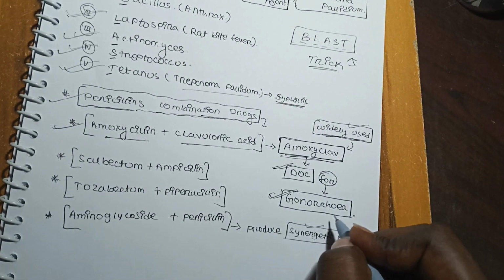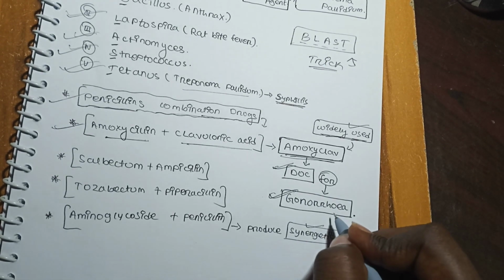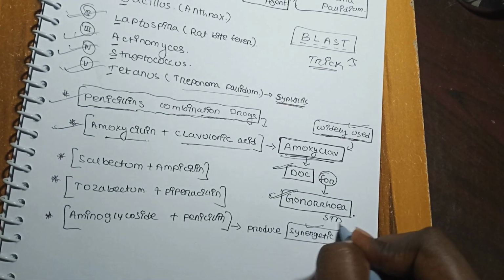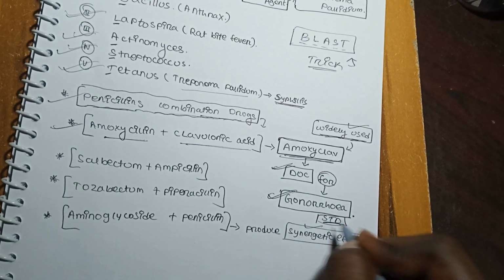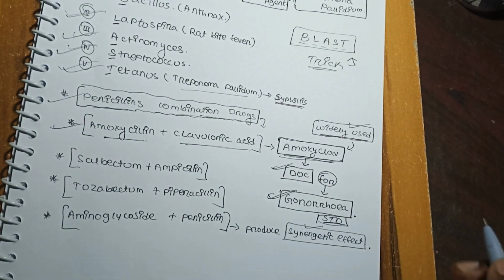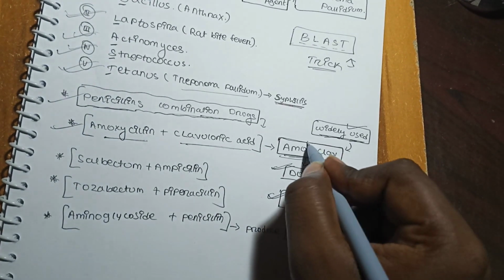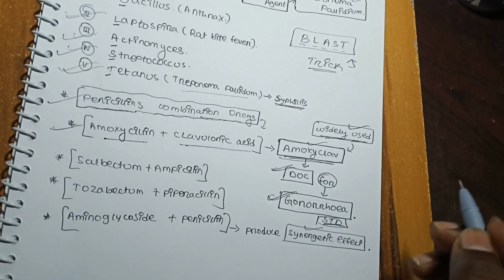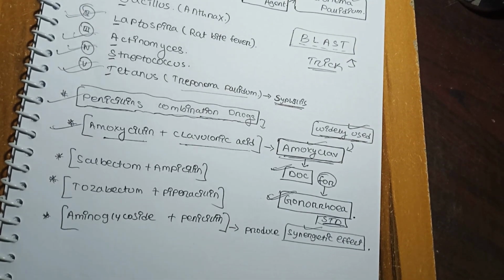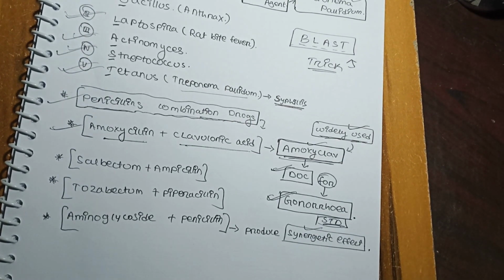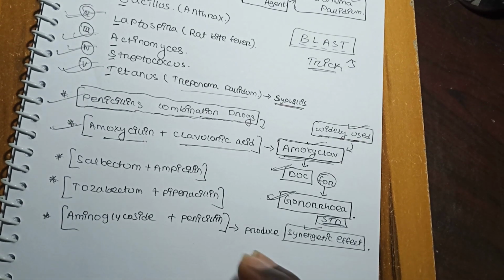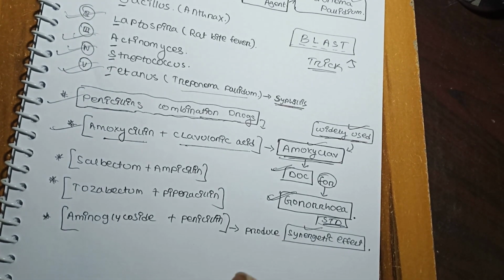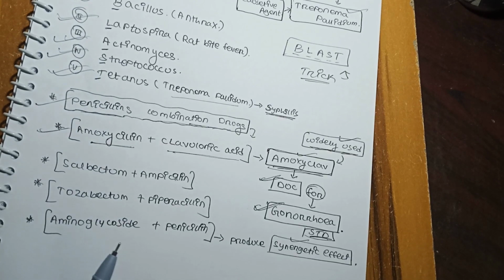Gonorrhea is one type of sexually transmitted disease. In gonorrhea, the drug of choice is amoxiclav. When you come to hospitals or to the DDCs, drug distribution centers, you can observe how widely amoxiclav is used.